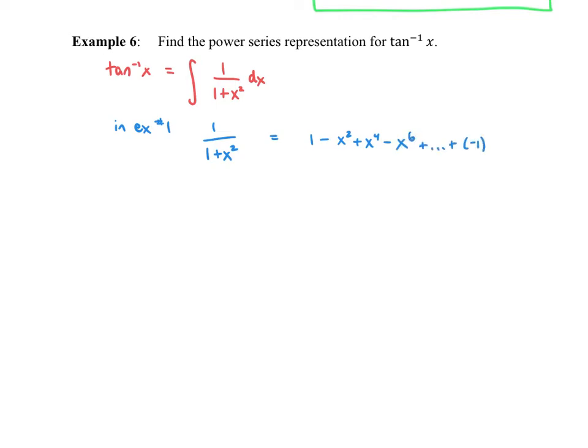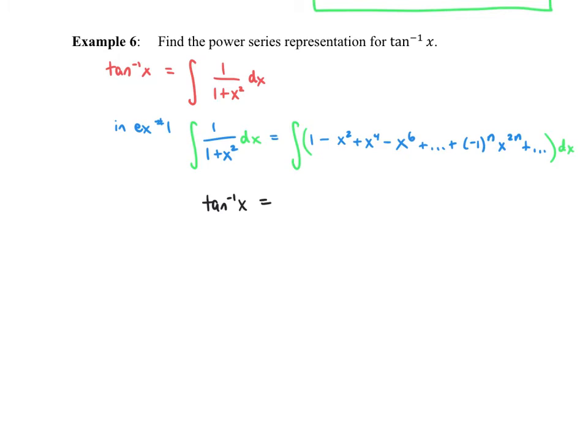We let the general term be written as (-1) to the n times x to the 2n, and then we continued. Okay, so we found that in example 1 connected to the series 1 over 1 minus x. So what we're going to do with this is we're going to integrate both sides. And on the left side, when I integrate that, I'm going to simply get inverse tangent, which is exactly what I'm searching for.